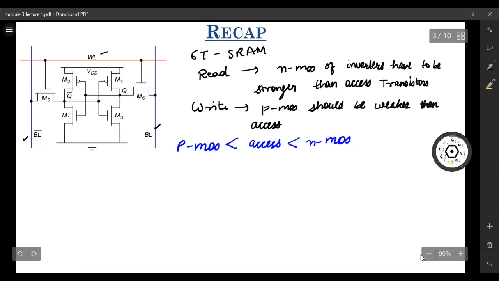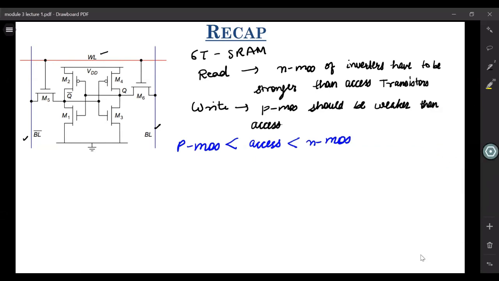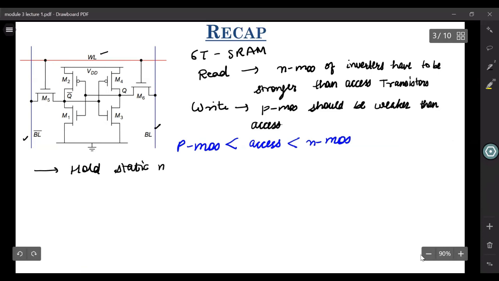After this, we also looked at the different noise margins for the 6T SRAM cell. First, we looked at the hold static noise margin. During the hold operation, the effective circuitry of this 6T SRAM cell gets reduced to a cross-coupled inverter pair.